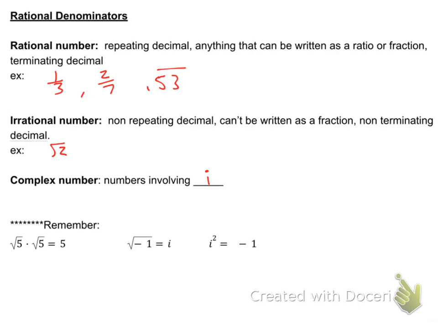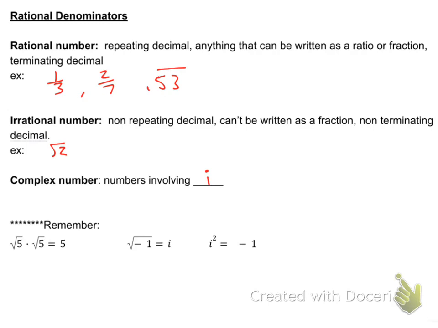Square root of 15 times the square root of 15 is 15. The square root of -1 we call i. And if you square i, you get -1. Those are things that we need to know because it's going to be very useful.